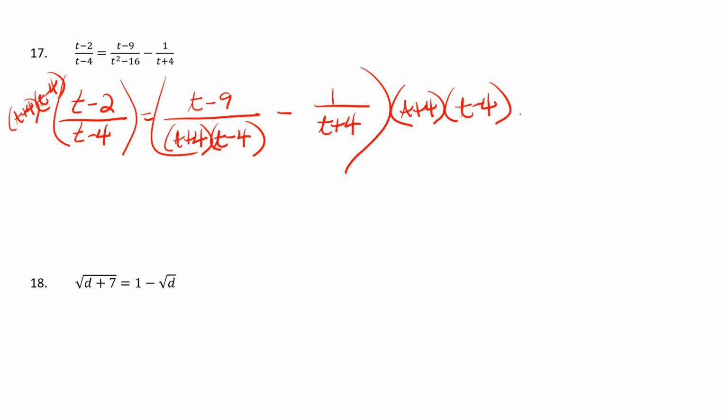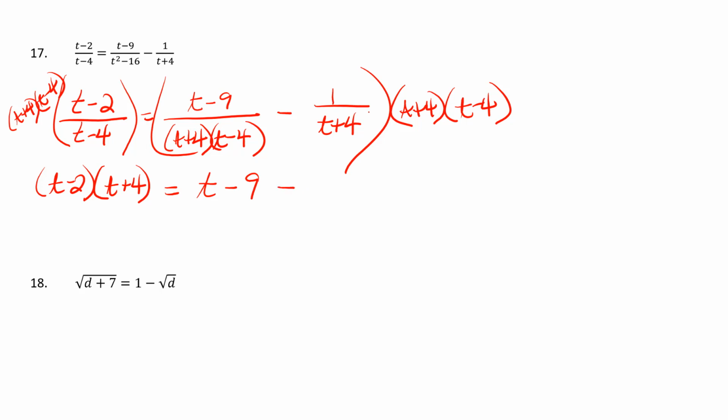And now we can see that some of these things are going to cancel. On the left side of the equation, the t minus 4 is going to cancel, and you'll be left with t minus 2 times t plus 4. On the right, in (t minus 9) over (t plus 4), times (t minus 4), both of those factors are going to cancel, and we'll just have t minus 9.